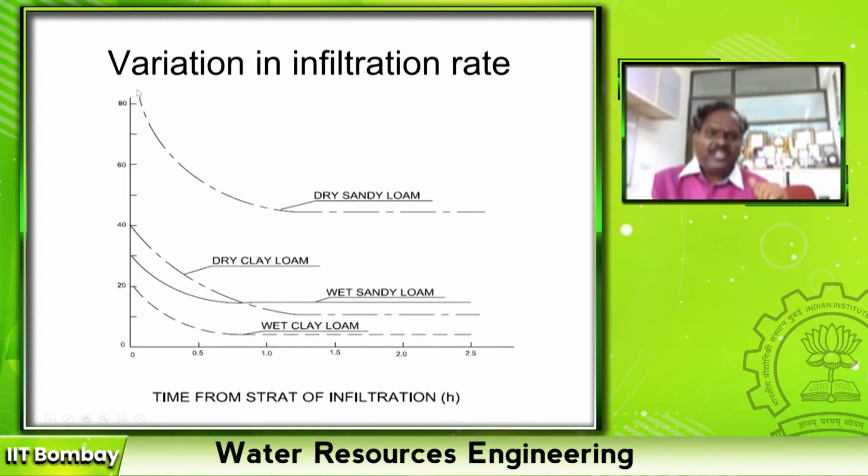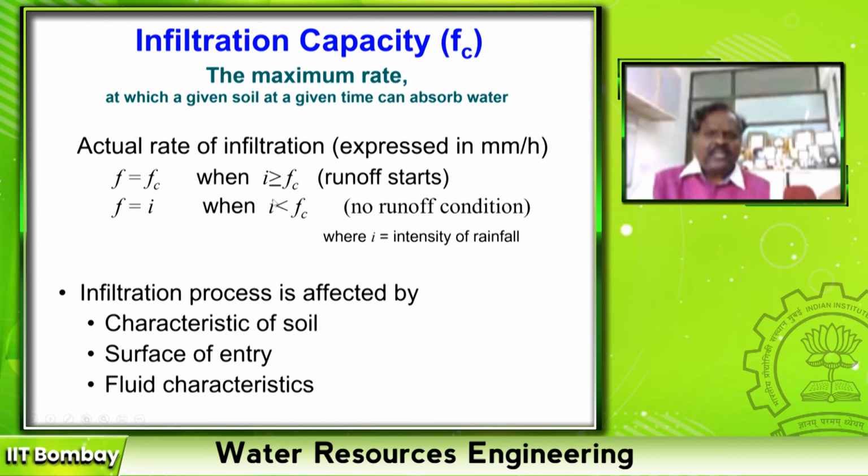Then the infiltration rate at the 0th time step is called the maximum infiltration rate, right? Based on these two values, people have developed different equations to estimate this infiltration rate, especially when I want to do a basin wise study, then I need to estimate what the infiltration rate should be.